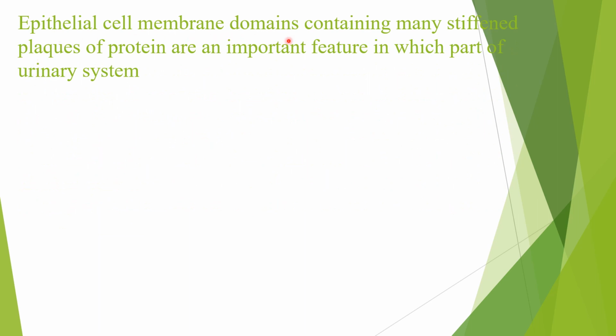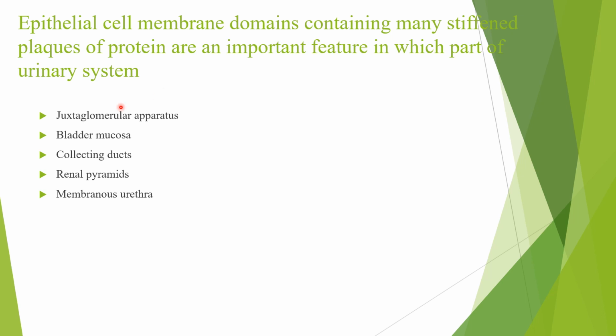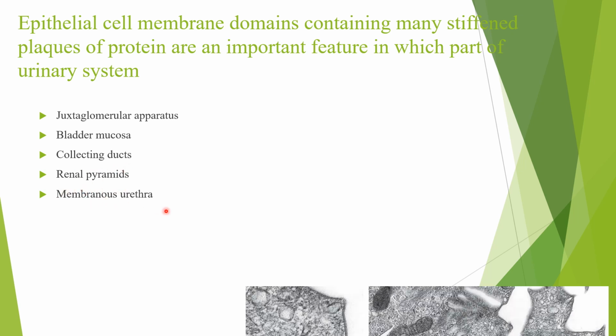Epithelial cell membrane domains containing many stiffened plaques of proteins are an important feature in which part of the urinary system? Either the juxtaglomerular apparatus, bladder mucosa, collecting ducts, renal pyramids, or membranous urethra.